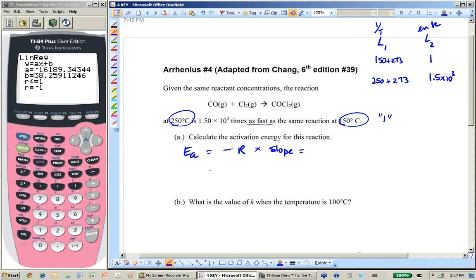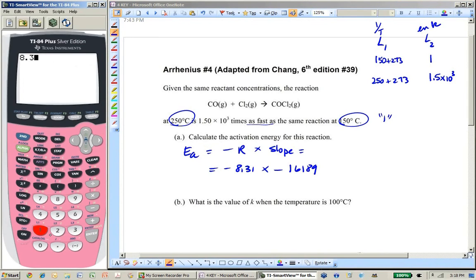So the slope is going to be equal to negative 8.31 times the negative 16189.3 and so on. So that means that I'm just going to ignore those negative signs. 8.31 times 16189, if I wrote it down properly, is going to be equal to 134.5.